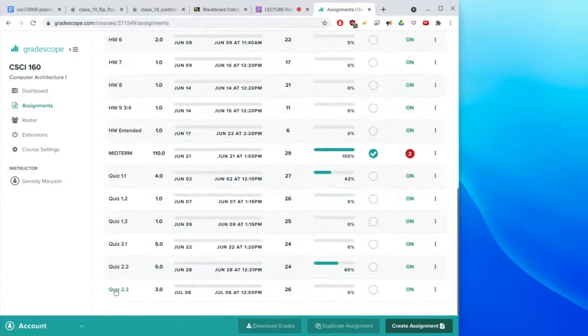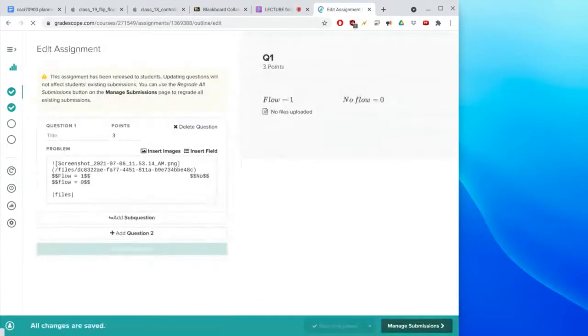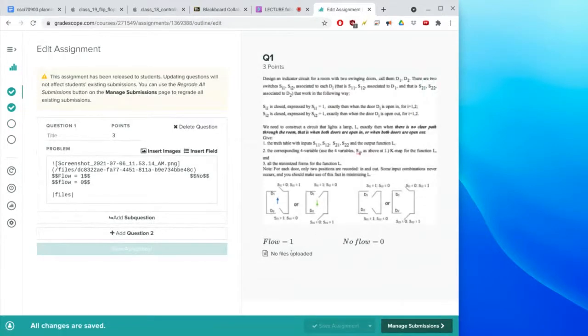Quiz 2.3. Yeah, I think it actually is the same. So I changed it on both the slide and here. But look, if you misunderstood it, if you put the lamp on the right, you still get the credit. And if you did everything right, then the point of the quiz still stands.